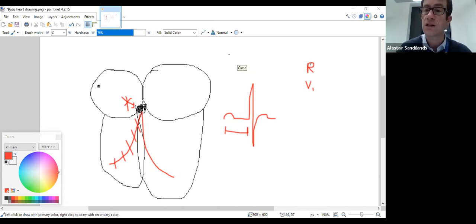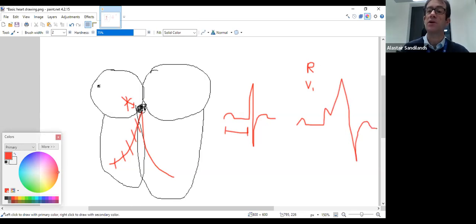Good question. So the R with right bundle branch block in V1, you're going to have now a prolonged PR interval. But in V1, remember, we're going to have the bunny rabbit's ears and a broad QRS. So that's right bundle branch block in the presence of a prolonged PR interval. Is everyone happy with that?